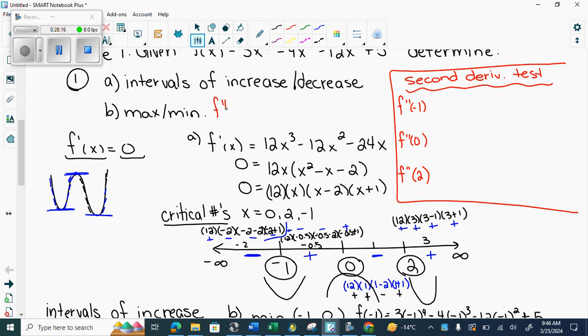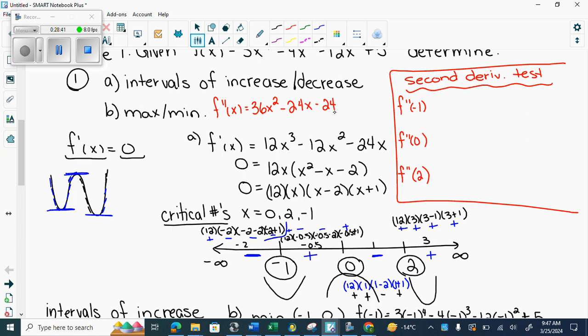So f double prime of x equals 36x squared minus 24x minus 24. So that's what we're filling it into, right? We're not looking for the critical numbers of the second derivative at all. We're just taking the critical numbers of the first, plugging it into the second.